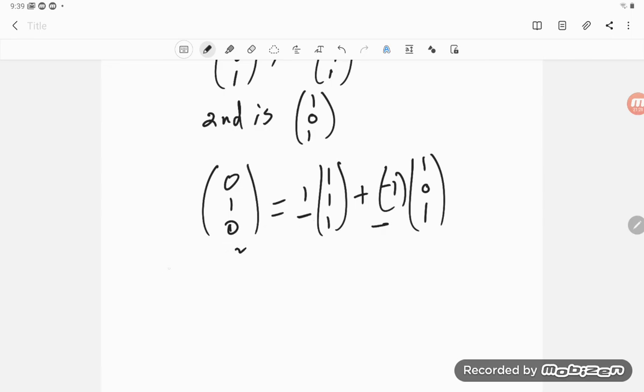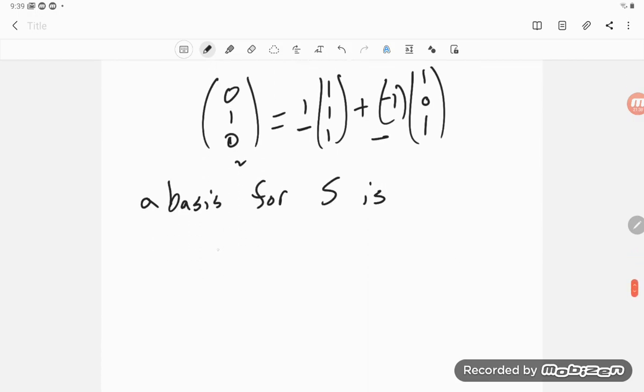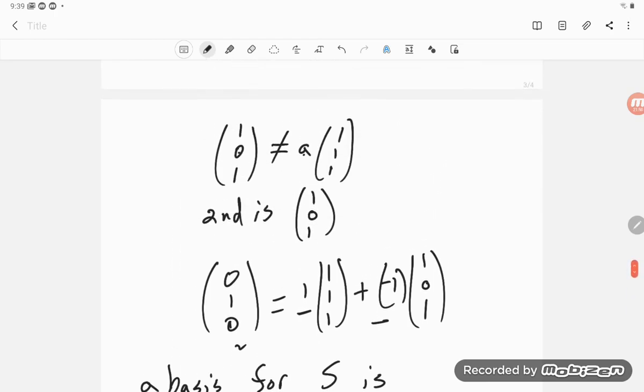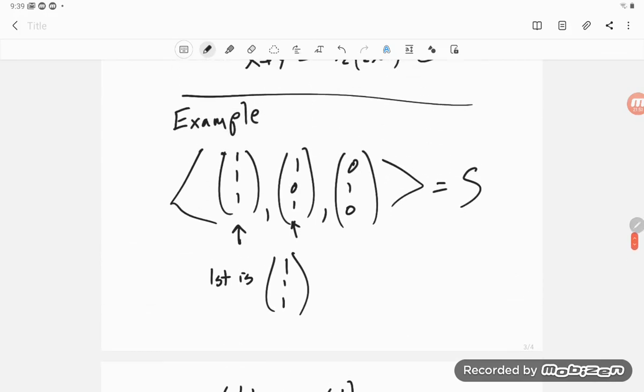And so my left to right basis for S is those first two vectors: the vector 1, 1, 1 and the vector 1, 0, 1. So there I found my basis for this set.